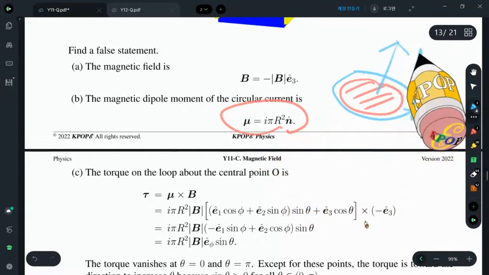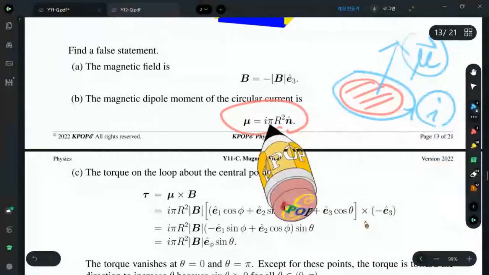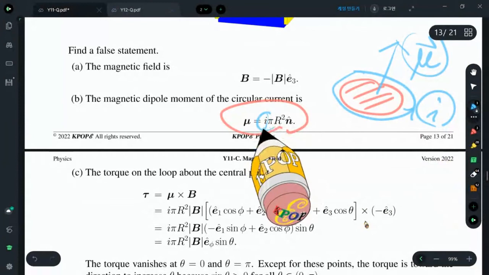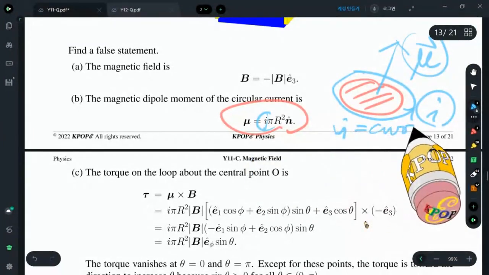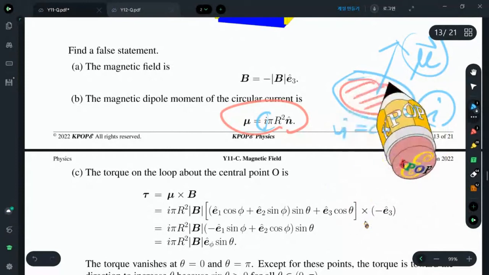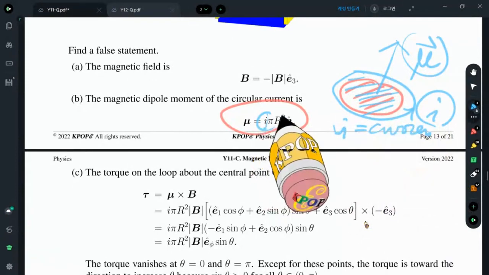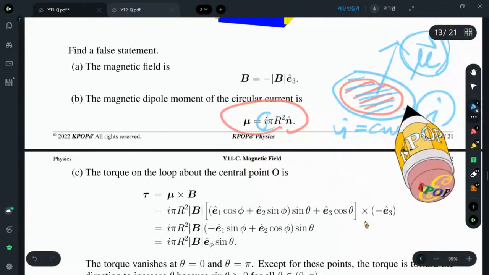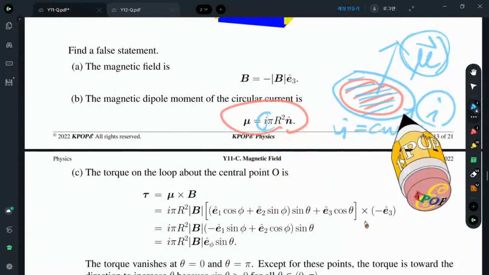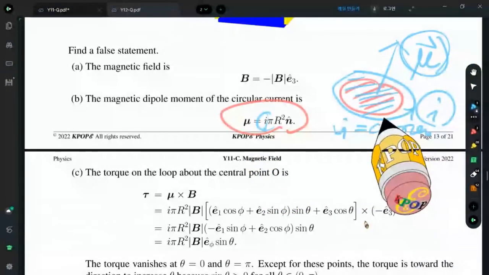In that case, the magnetic dipole moment is I times area. This is not the imaginary number. This I is a current. Current times the cross-sectional area of the circuit. And the direction is chosen normal to the plane when we choose the direction of current counterclockwise.